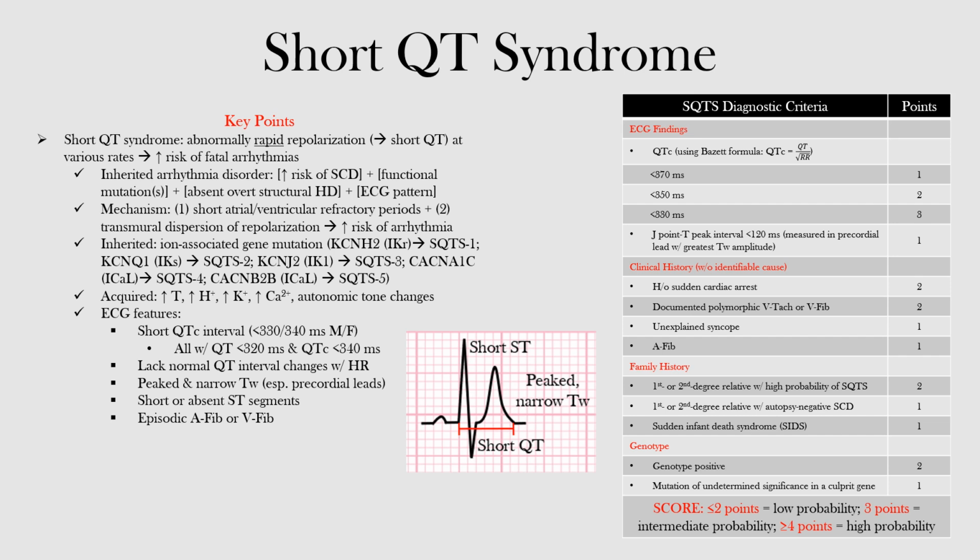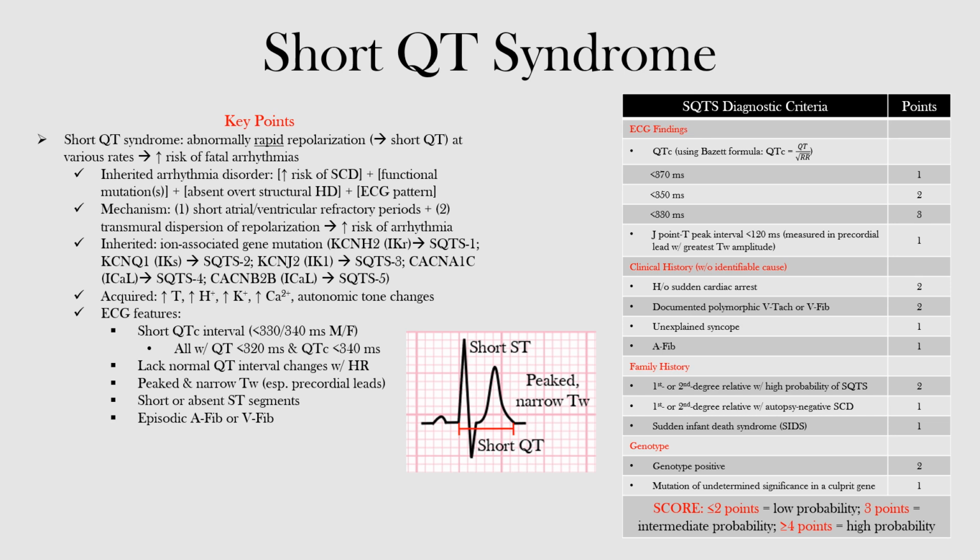The most common initial presenting symptom is cardiac arrest, while others may experience palpitations or syncope due to rapid atrial fibrillation or self-terminating ventricular arrhythmias. So as we've alluded to, short QT syndrome is an arrhythmogenic disease associated with paroxysmal atrial and ventricular fibrillation, syncope, and sudden cardiac death. But what is the mechanism for this arrhythmogenic effect? Well, this arrhythmogenesis is thought to result from two things.